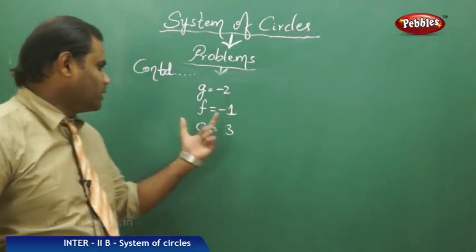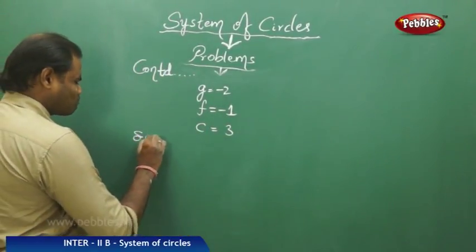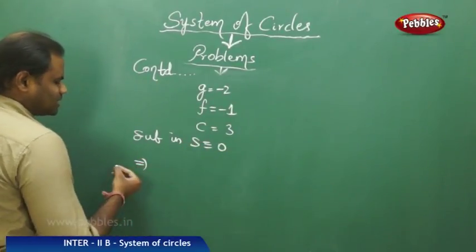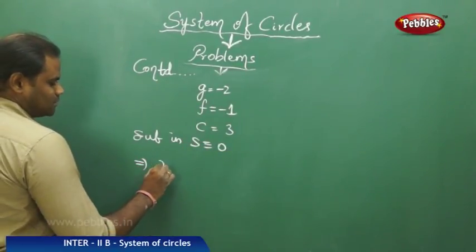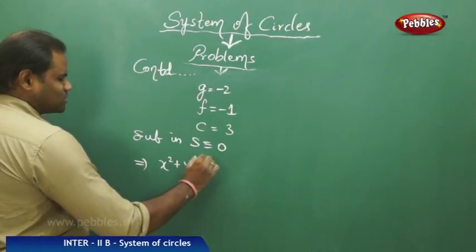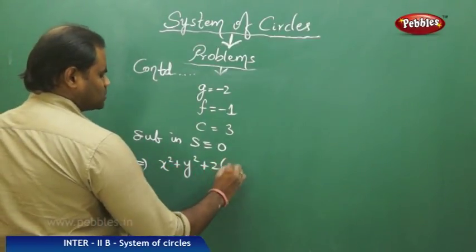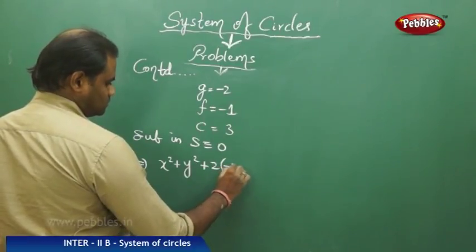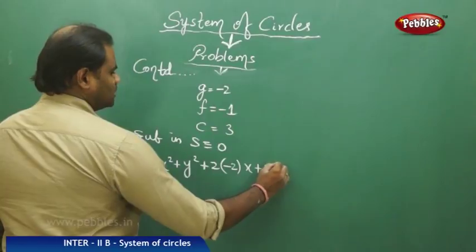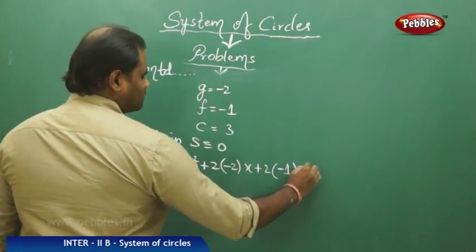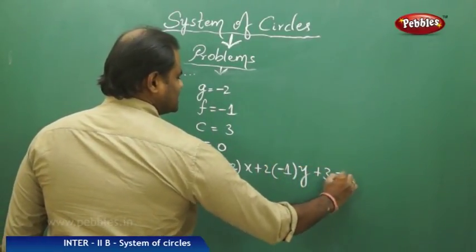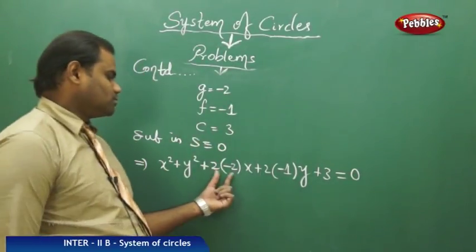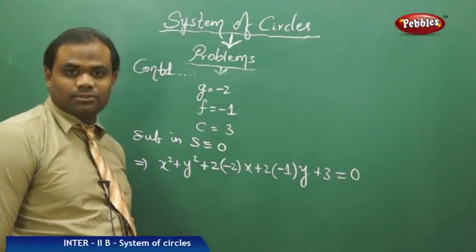With the 3 values, I substitute in S equal to 0, the general equation, such that I get x square plus y square plus 2gx plus 2fy plus c equals 0.